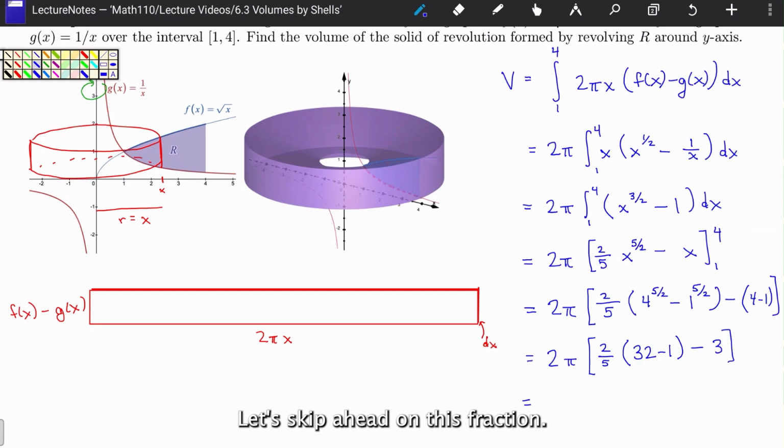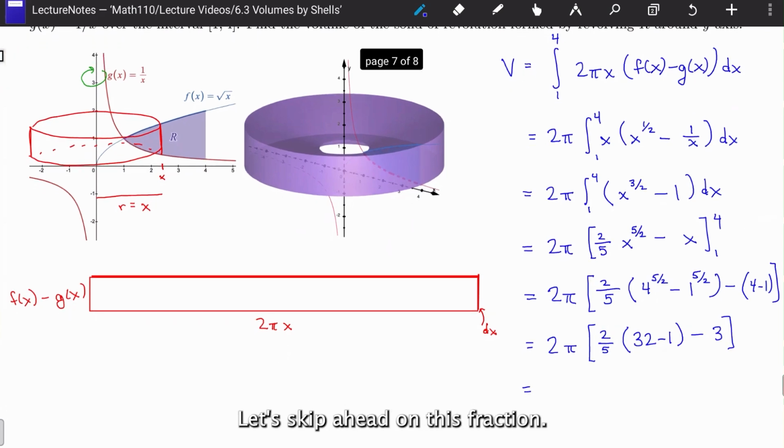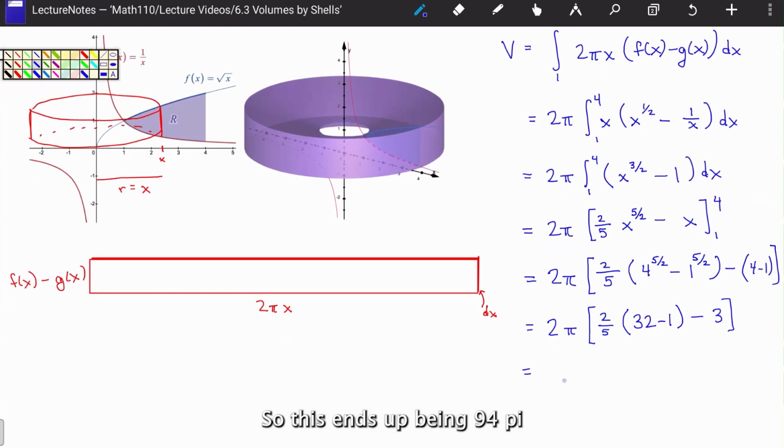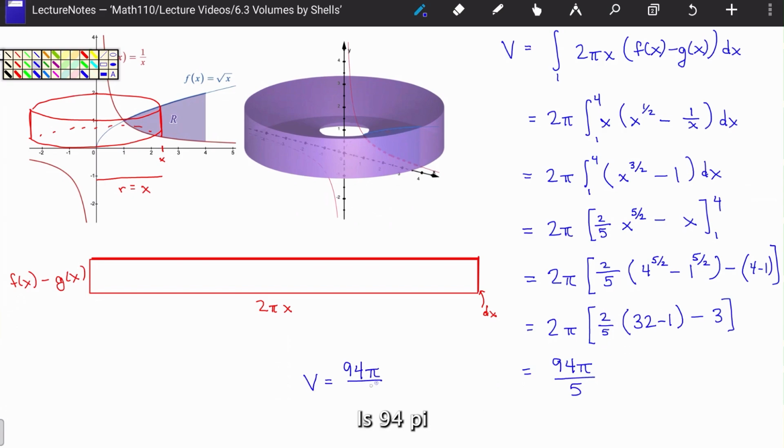I'm going to skip ahead on this fraction computation, so this ends up being 94 pi over 5. So the volume of this solid is 94 pi over 5 cubic units.